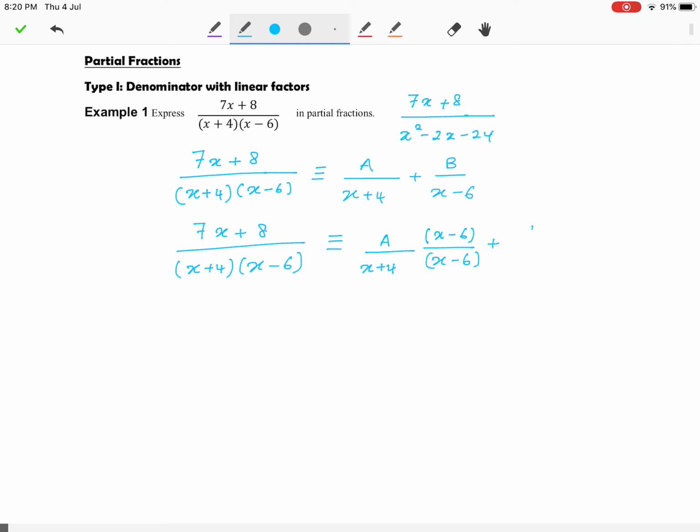And for this term b over x minus 6, I will multiply this by x plus 4. So it's also the same as what we normally do when we want to add two fractions.